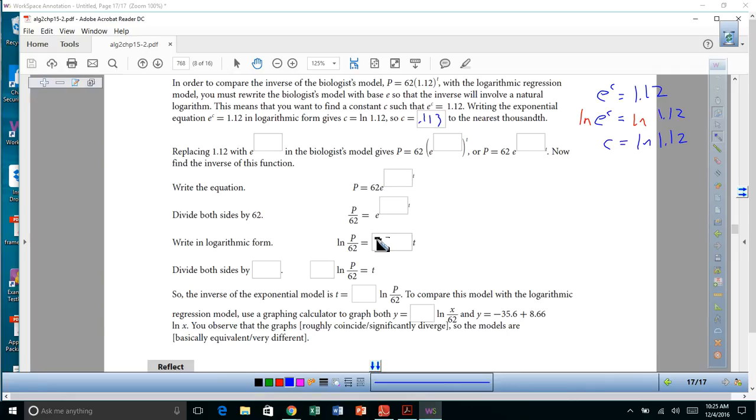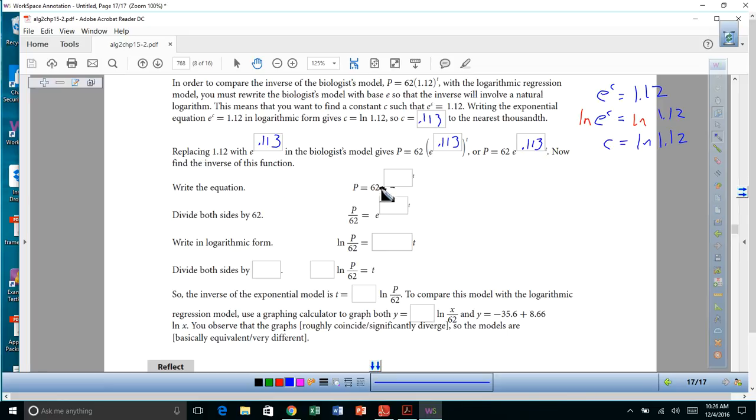Replacing 1.12 with e to the 0.113 in the biologist model gives P equals 62 times e to the 0.113t, or P equals 62 e to the 0.113t.